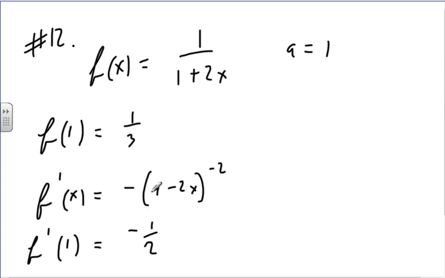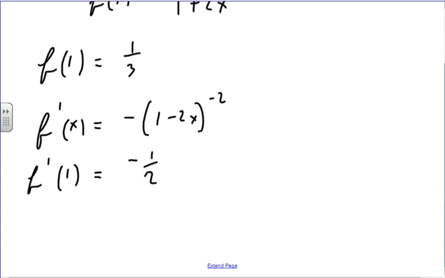Minus 1 squared gives me plus 1, minus, but it's on the bottom. Okay. F double prime x, 2. Oh, bummer. Get rid of that, get rid of that, get rid of this.